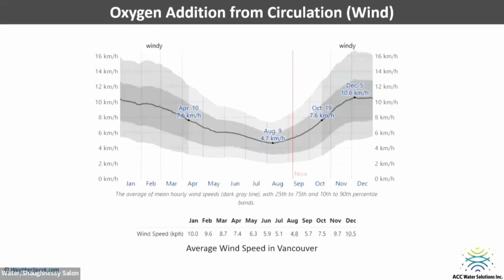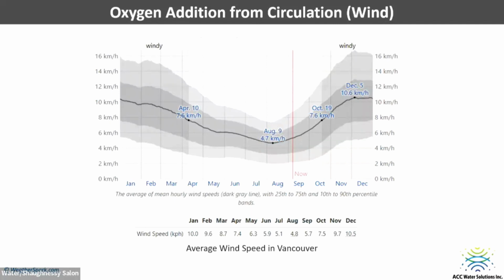Now wind. I got this data just 2 days ago, showing what the average wind looks like in Vancouver. Looking at the wind pattern during the year, starting from September, and this is the average of around 10 or 15 years. In winter months, the wind speed is always high.